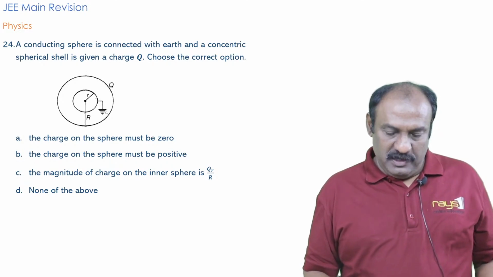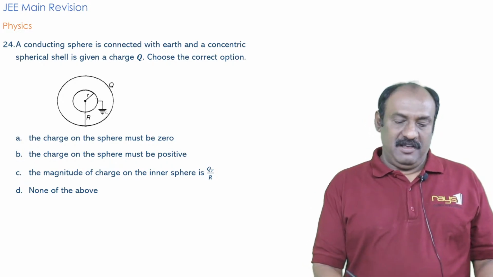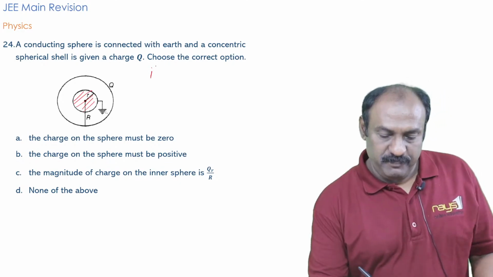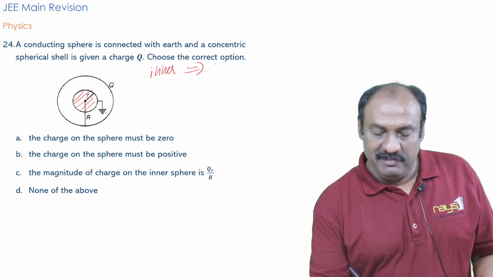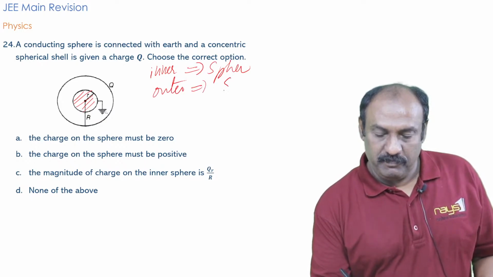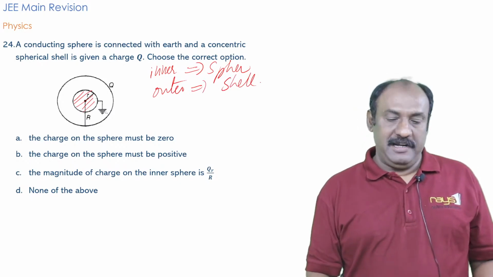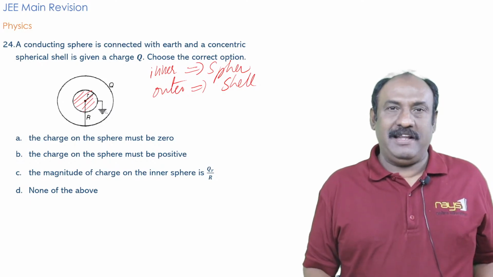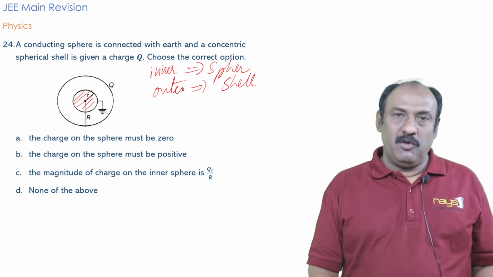The magnitude of the charge on the inner sphere is... So the inner one is the sphere, the outer one is the shell. I have already written the formula for when charge is given to the outer shell, what is the charge present on the innermost sphere or shell?